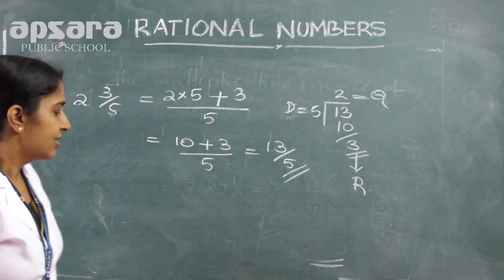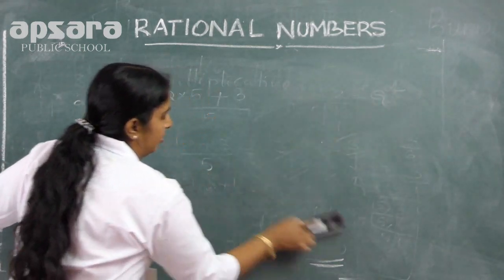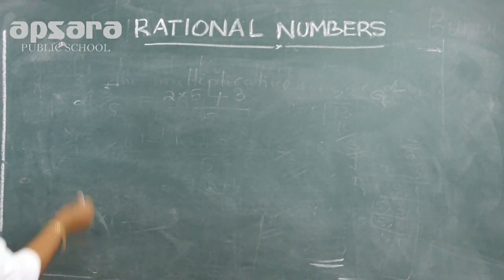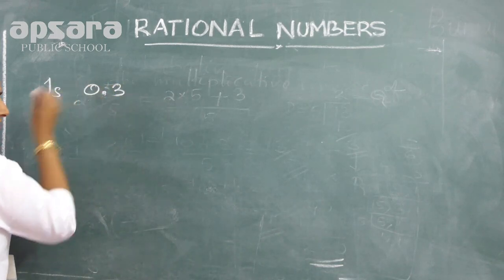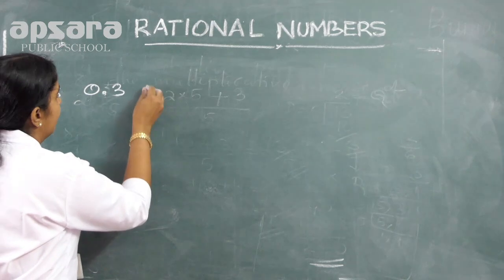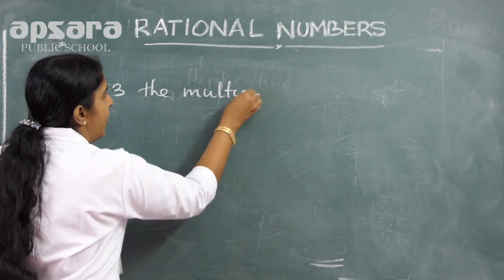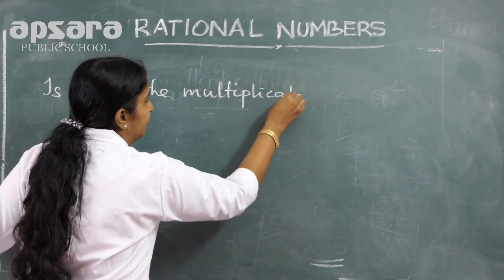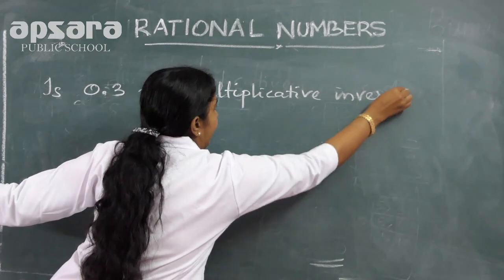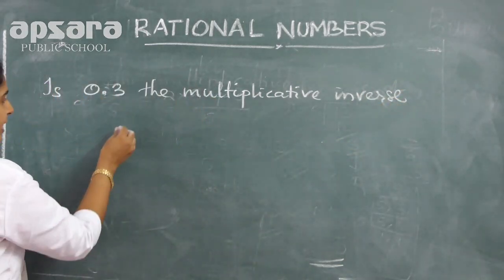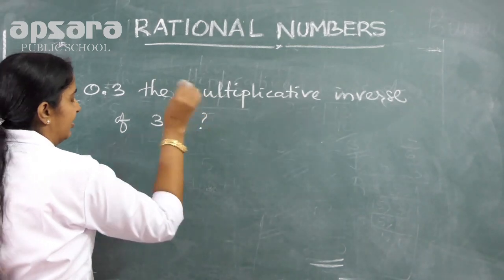So let's take one more question. Is 0.3 the multiplicative inverse of 3 1 by 3?